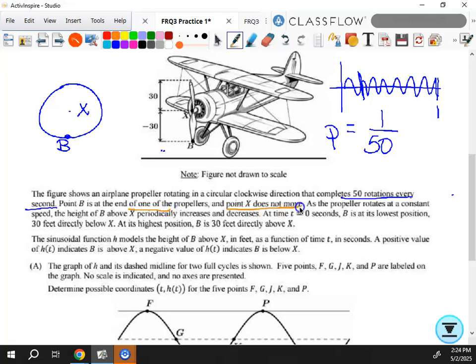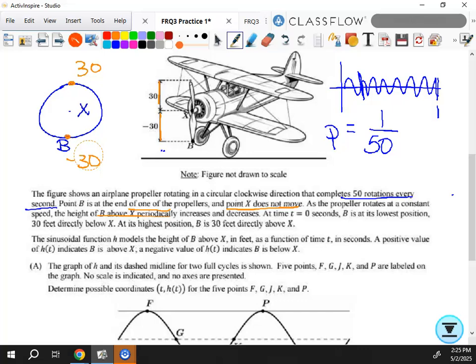Point X does not move because that's where it hangs on. As the propeller rotates at a constant speed, the height of B above X periodically increases and decreases. It shows this is 30, this is negative 30, so they were even nice about that. This would be a positive 30, and this would be a negative 30, because it's how far above X it is, and here it's below X.